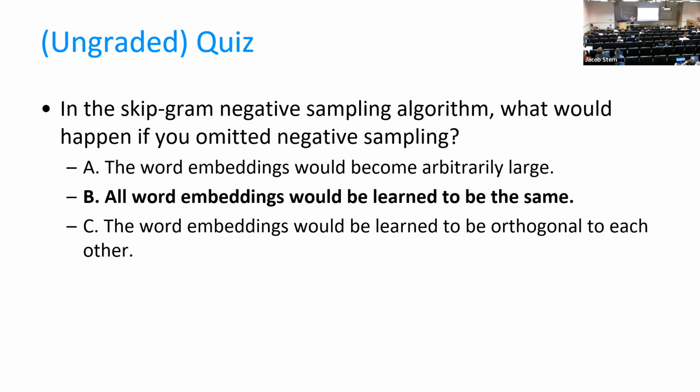I don't know if they would be perfectly orthogonal to each other, but the word embeddings would basically all be pushed apart from each other. I was wondering if that was maybe what the people who picked C were thinking along the lines of. But yeah, so those are the two aspects of the skip-gram negative sampling algorithm.